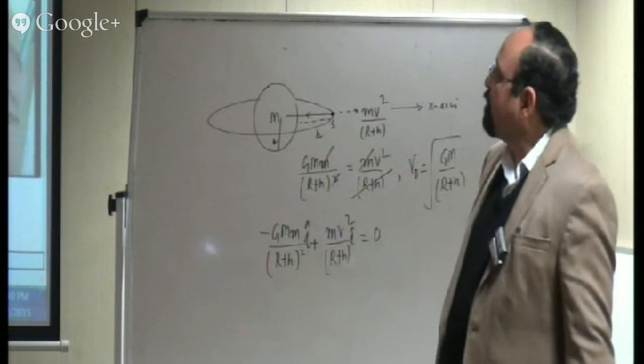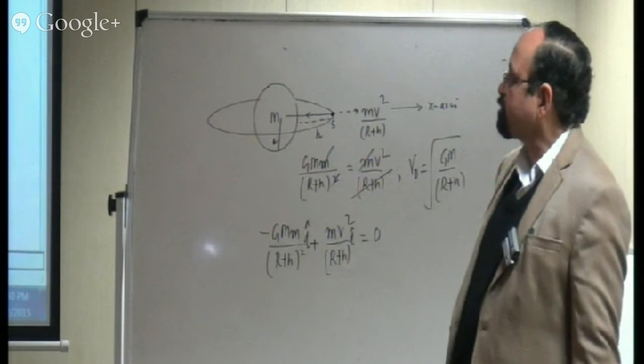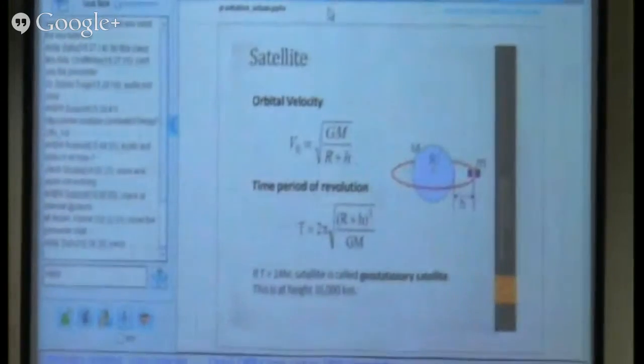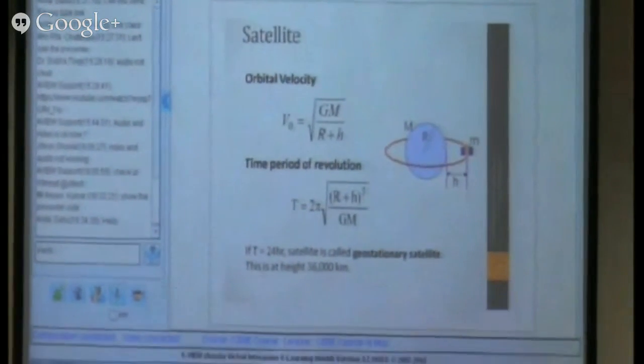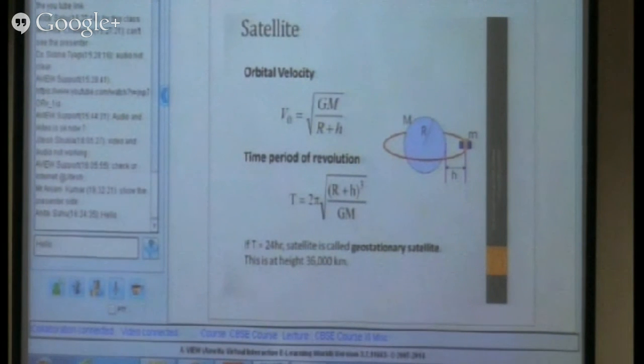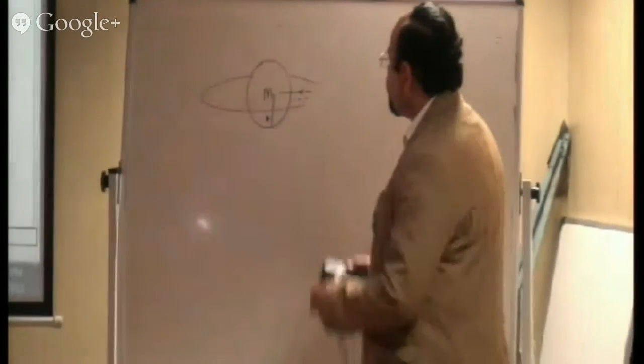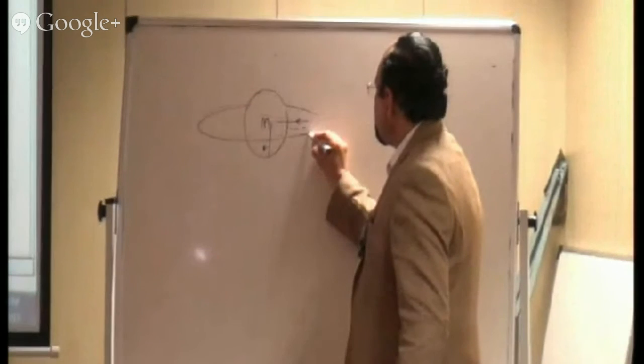So the formula for the orbital velocity is root of GM by r plus h. But when you remember this formula, do remember that this is for circular orbits only. How much time it will take to move around? To get this time, we are using one simple concept.